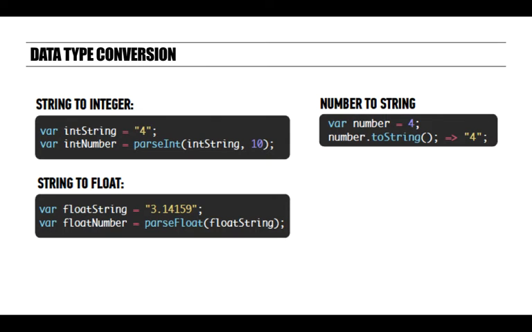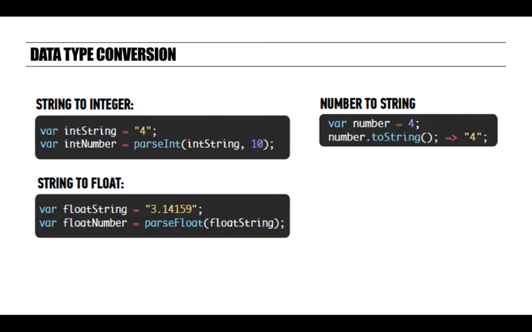So here, what we're saying is we have this float string, and it's set to this number, but in a string, and we can do parseFloat. And what that's going to do is it's going to literally just take the string and return 3.14159. So it's going to return a float.